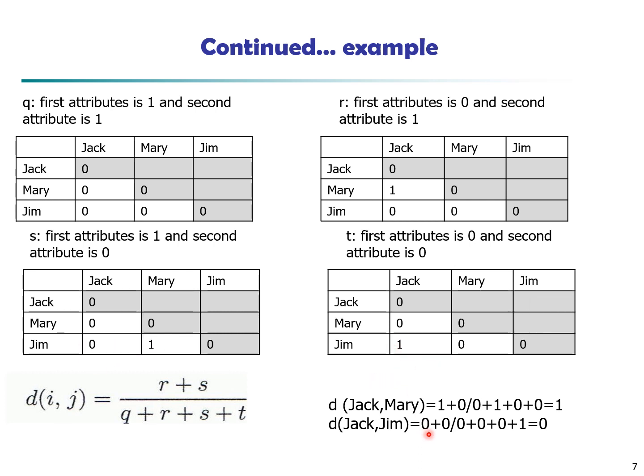So it's going to be 0 over 1, which is 0. And if you think about it, Jack is male and Jim is male, so the dissimilarity between them is 0. They are actually similar.